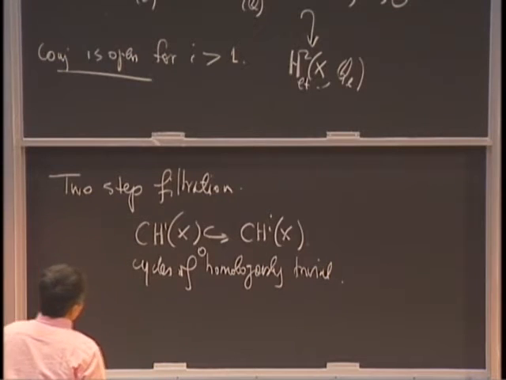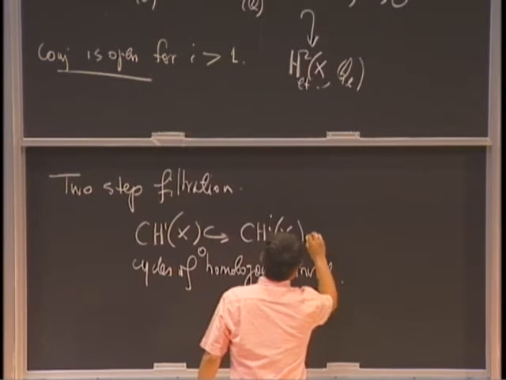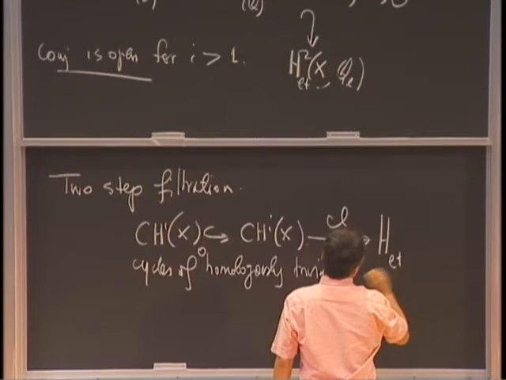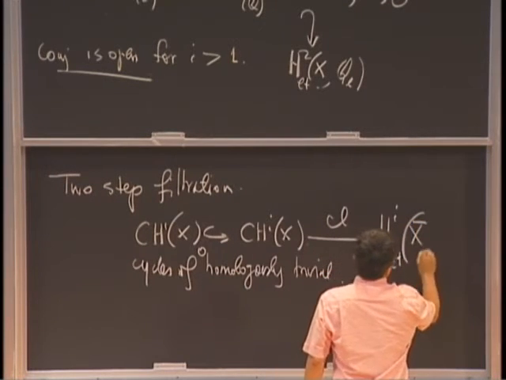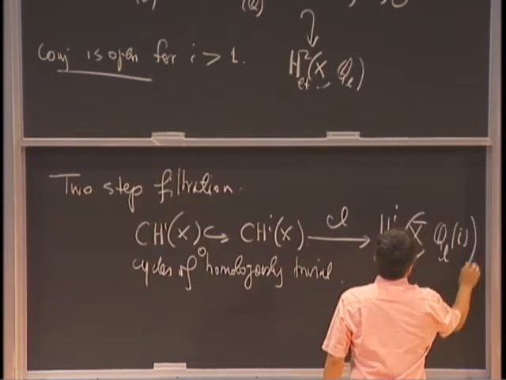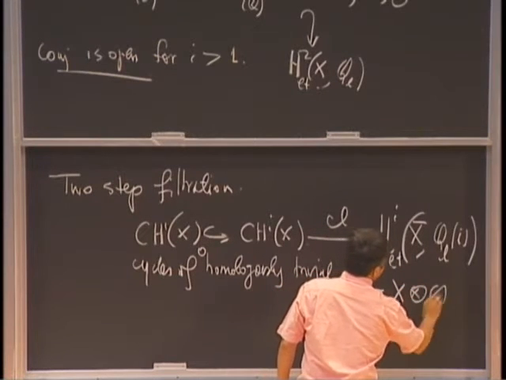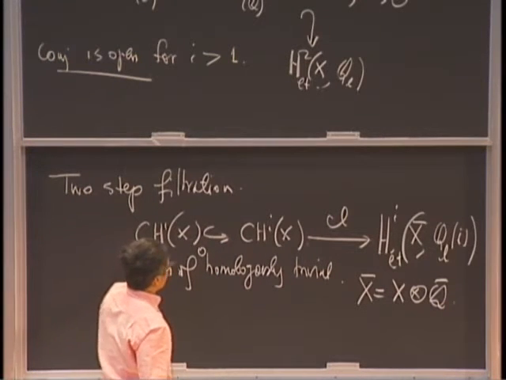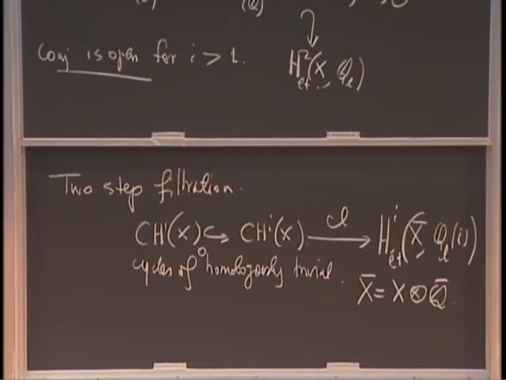So what does it really mean? There is a cohomology class map, with any cohomology theory you want, they are more or less equivalent, to H^{2i} of X-bar, where X-bar is X times Q-bar, with Q_l coefficients. So this is basically the kernel of this map.